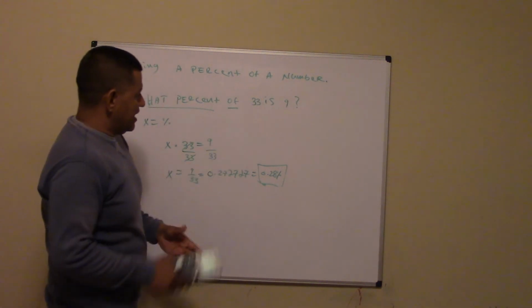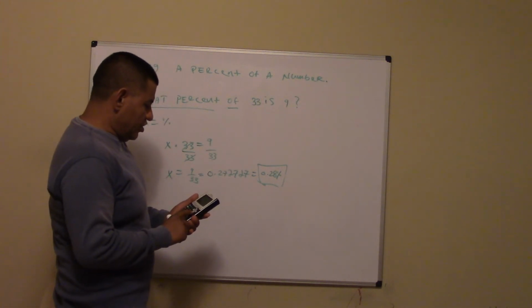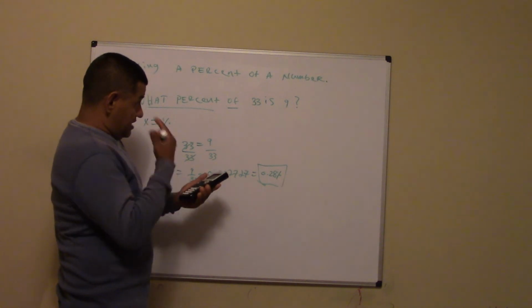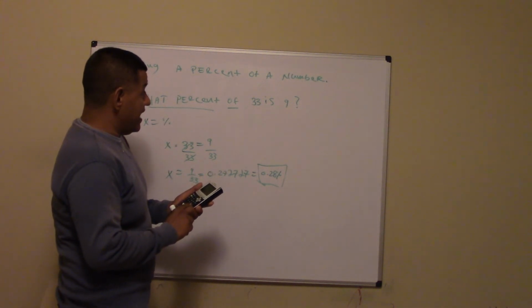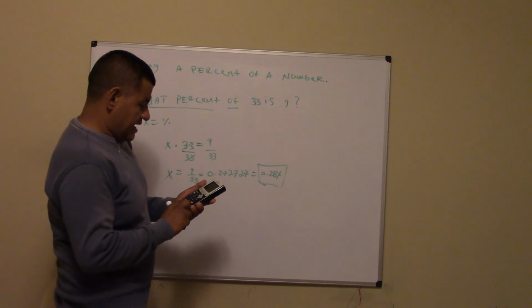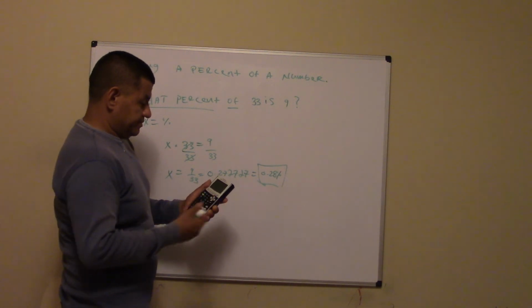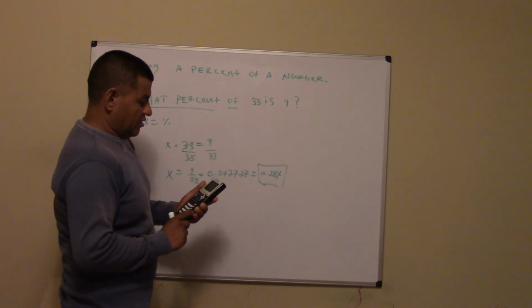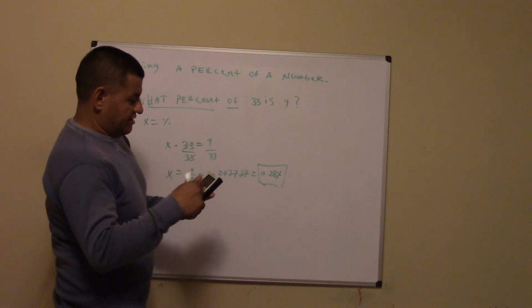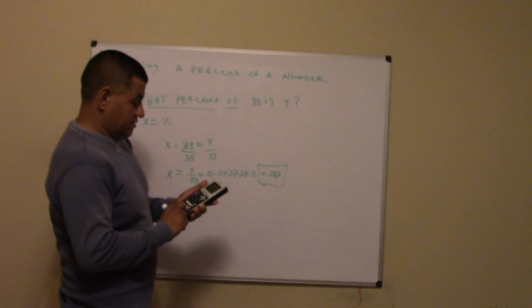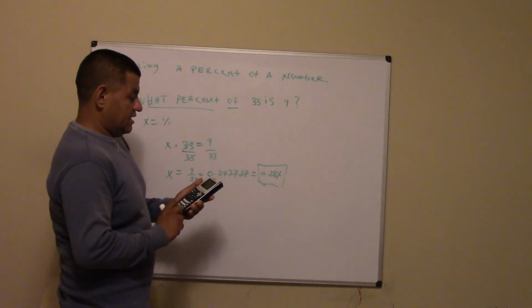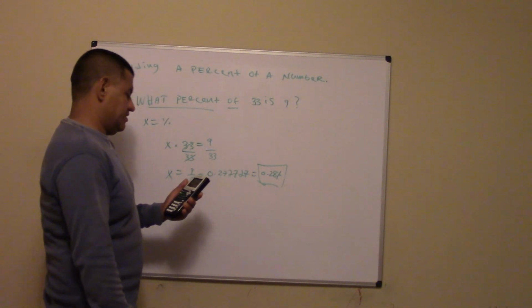You can do this in the calculator too, no problem. All you have to do is 9 divided by 33 is equal to that repeating decimal, 27, 27, 27. All you have to do is multiply that by 100, and you get the same thing.